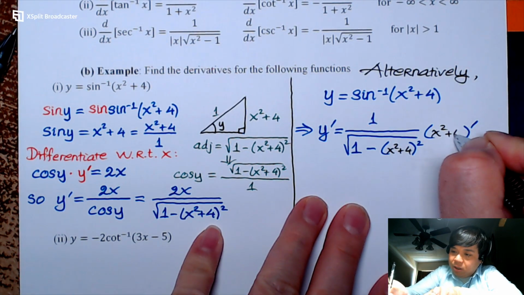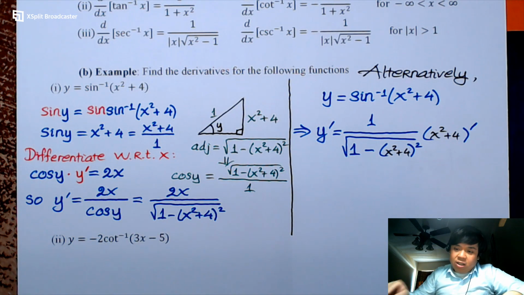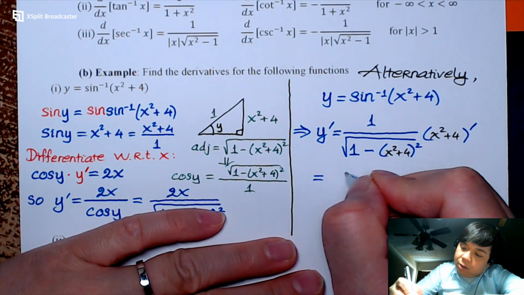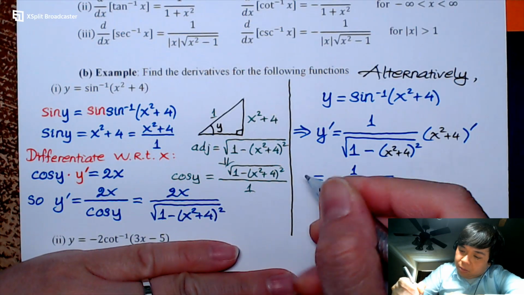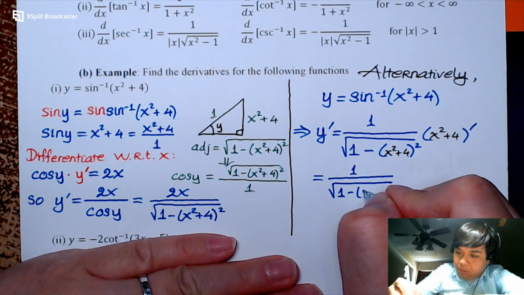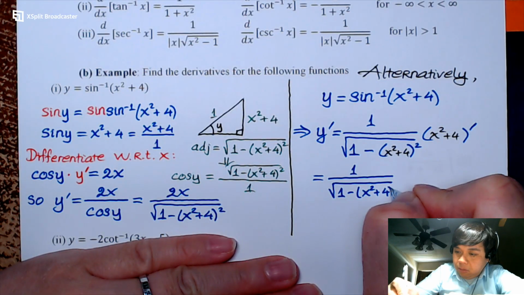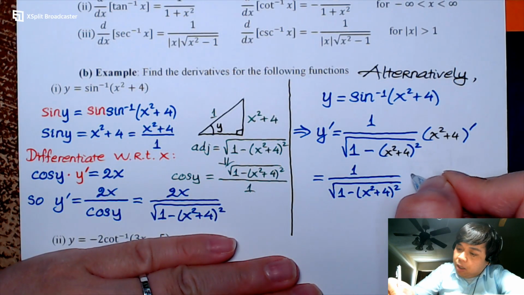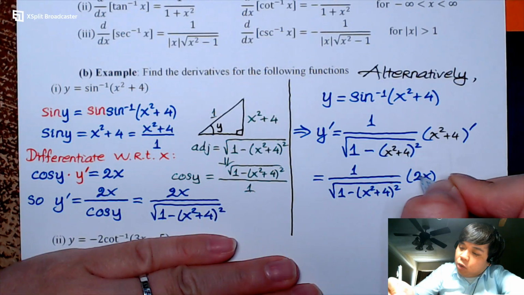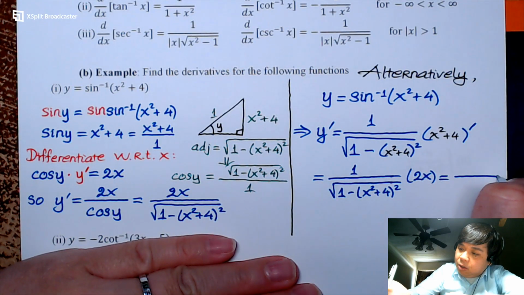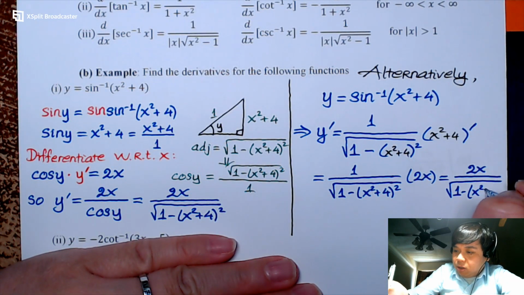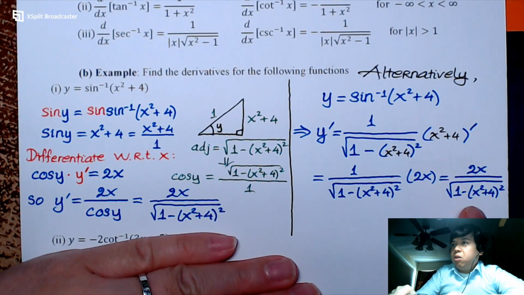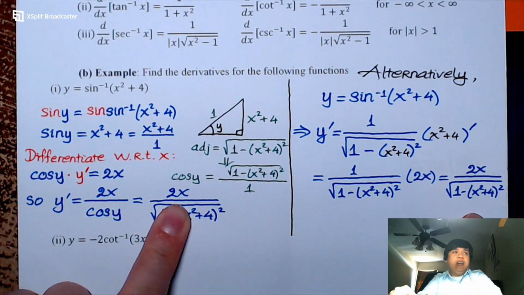The derivative of this is just 2x. And multiply that on the top. We have 2x over the square root of 1 minus x squared plus 4 squared, because that is exactly like we have there.